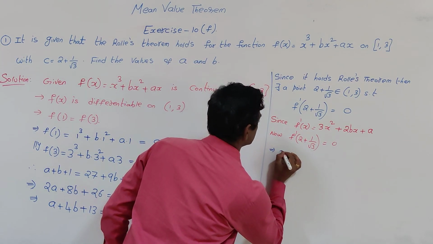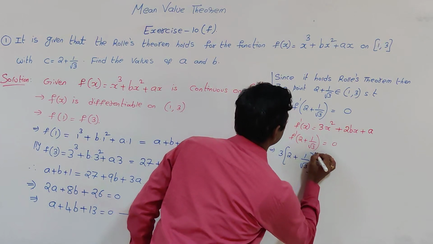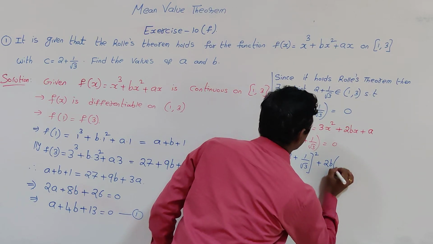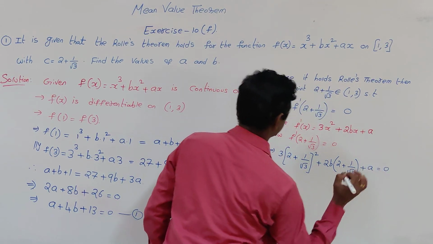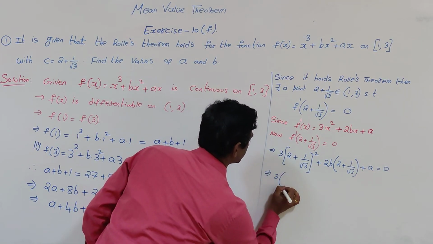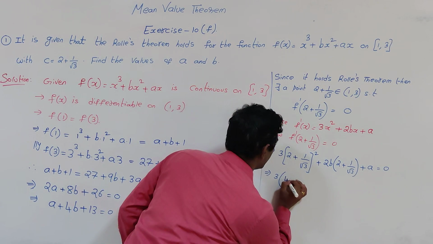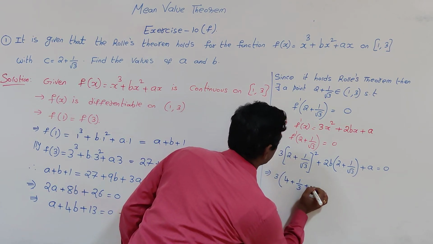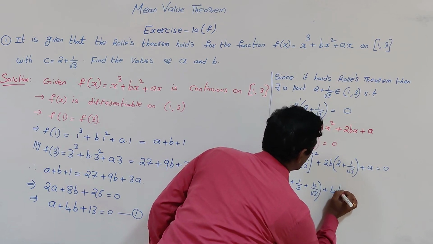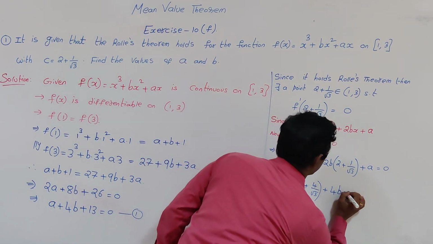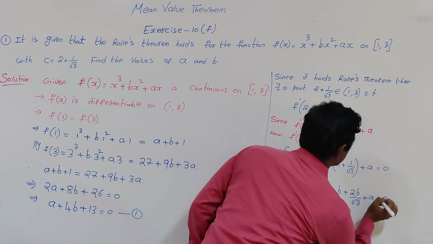That is 3 times 2 plus 1 by root 3 whole square plus 2b times 2 plus 1 by root 3 plus a is equal to 0. This implies 3 times, now expand it in the form of a plus b whole square: 4 plus 1 by 3 plus 4 by root 3, plus 2b into 2 is 4b, plus 2b by root 3, plus a is equal to 0.